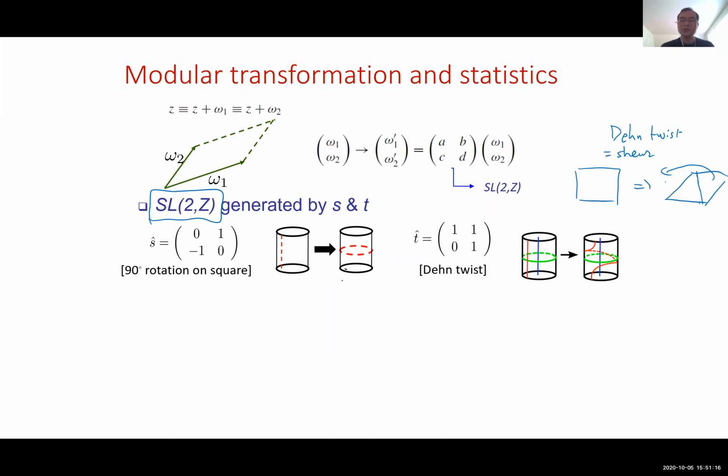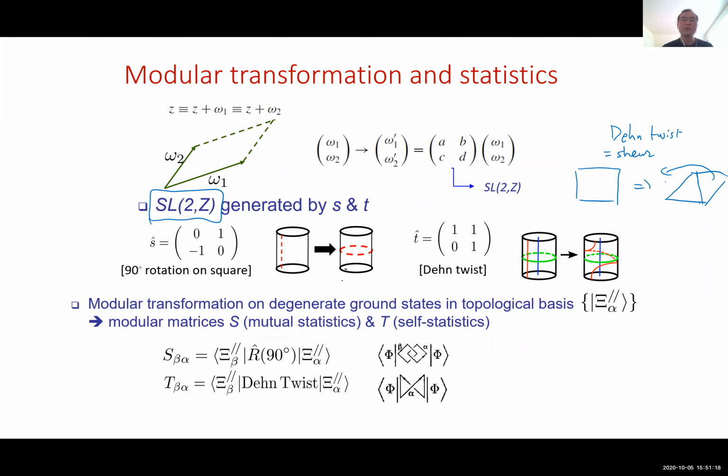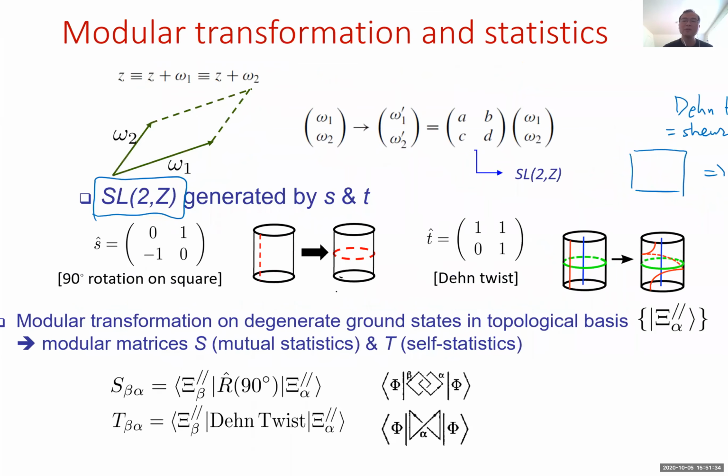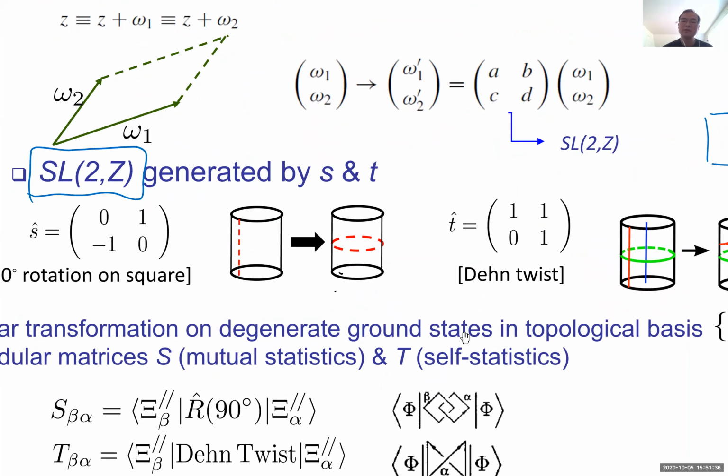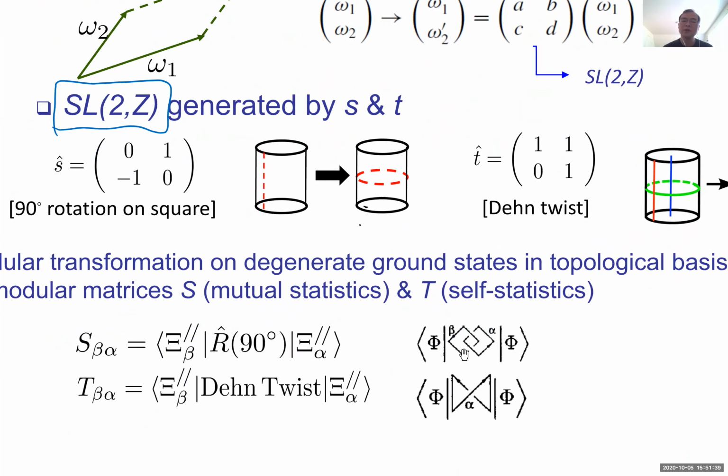Okay, so there is more general theory behind that. And it says that if you use these topological bases, the rotation gives you mutual statistics. It's like you create from the vacuum a pair of alpha and beta anyons, and you just braid around.